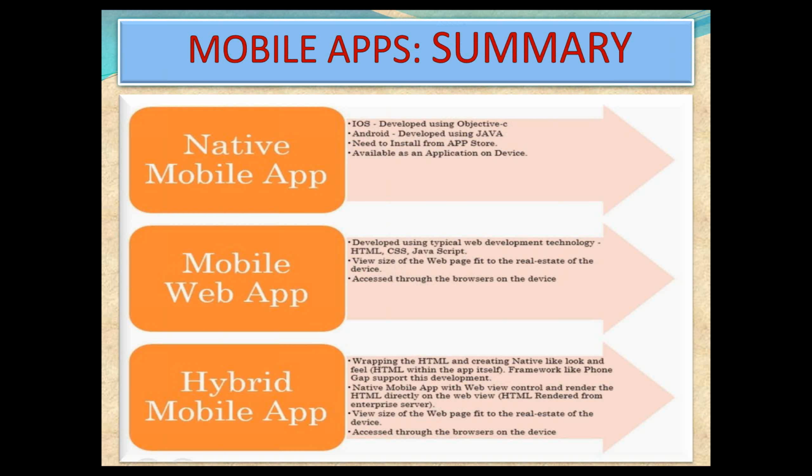All right, here's a little summary for you between native, mobile, and hybrid. It's probably good if you just print this slide out for your reference, because it's all in one. So let's review it.